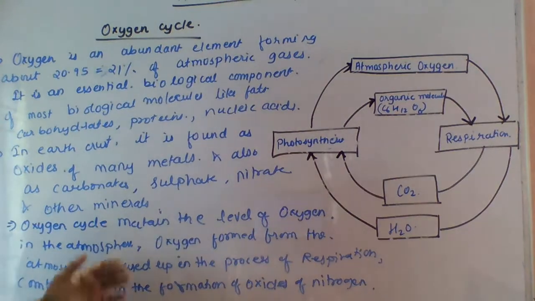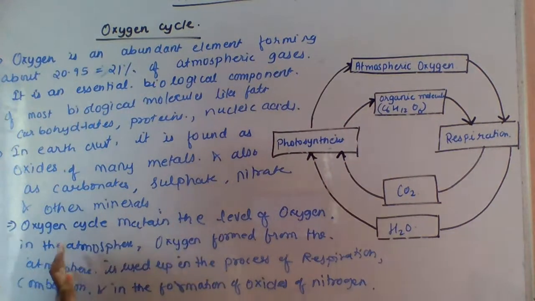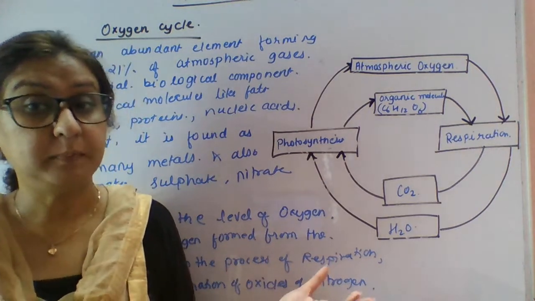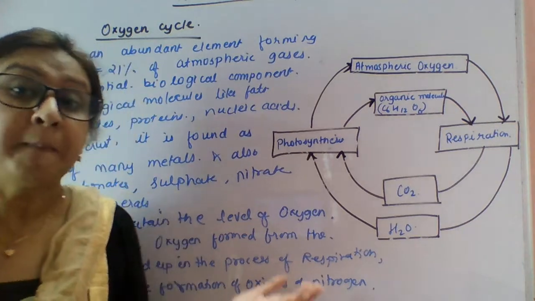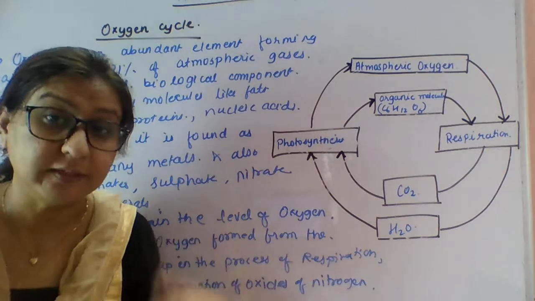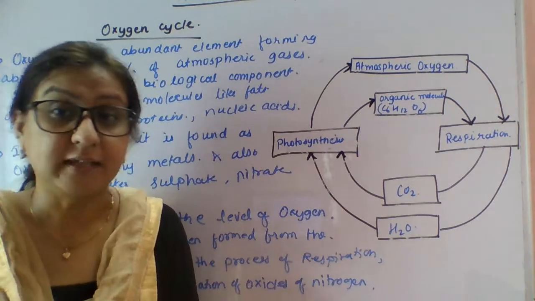So as I told you, the oxygen is being fixed by this oxygen cycle, it is responsible for the maintenance of the level of oxygen in the atmosphere. Oxygen from the atmosphere is used by respiration, by combustion, and while forming the oxides of nitrogen.